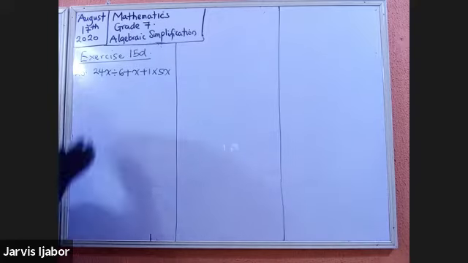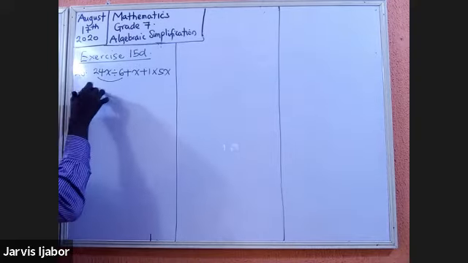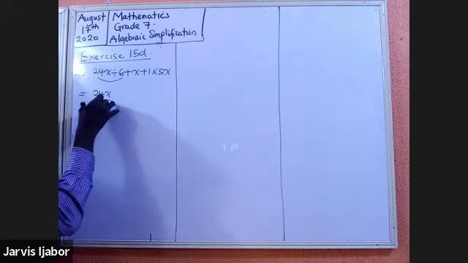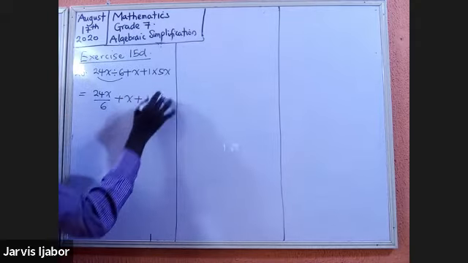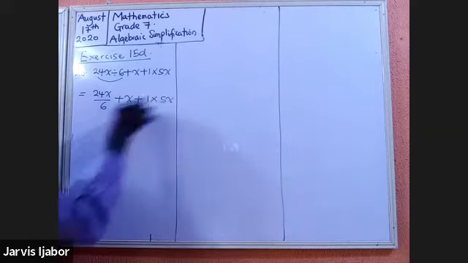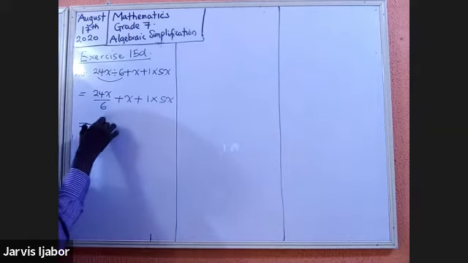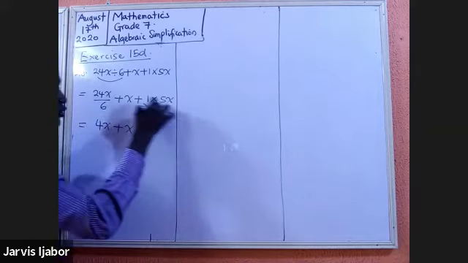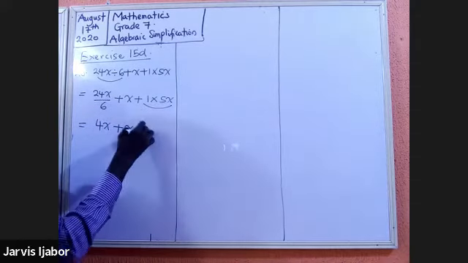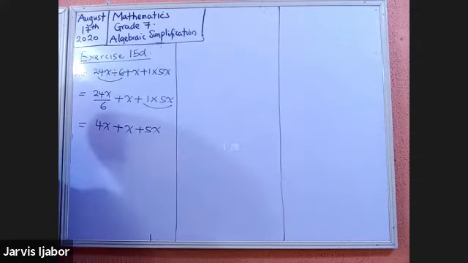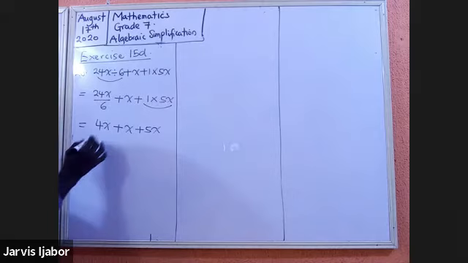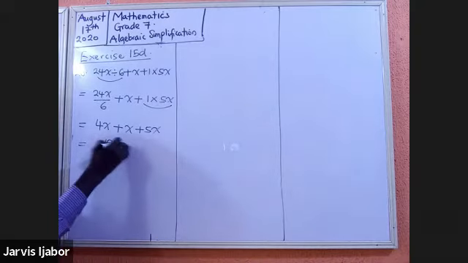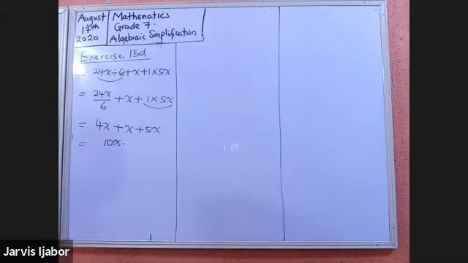Now, you do the division first. So this will give me 4x plus x. Then you now do the multiplication. But as you begin to practice, you will be able to make decisions on what to do quickly and not make a mistake. But this is the order. Add up everything. This will give me 10x. Is that clear?